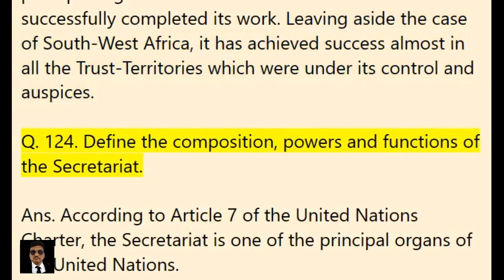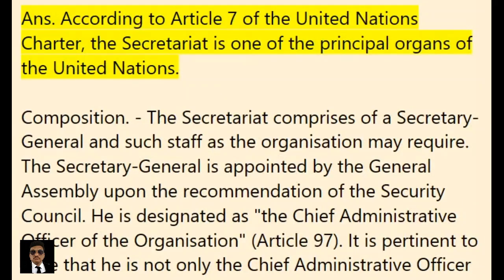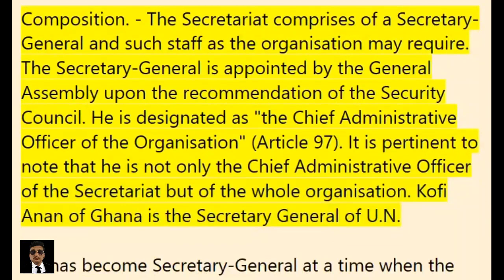Q. 124. Define the composition, powers and functions of the Secretariat. Ans. According to Article 7 of the United Nations Charter, the Secretariat is one of the principal organs of the United Nations. Composition.